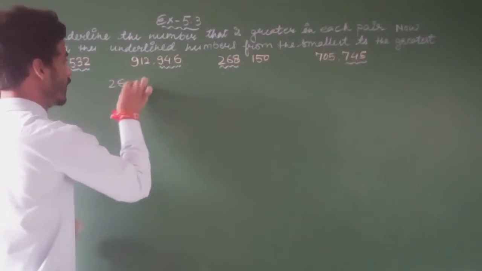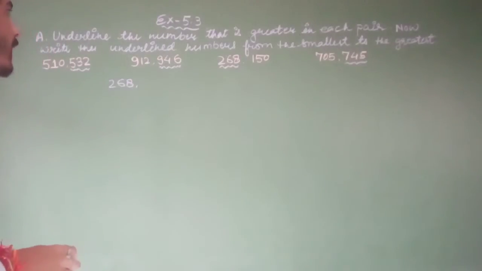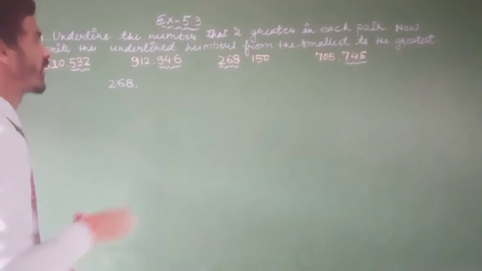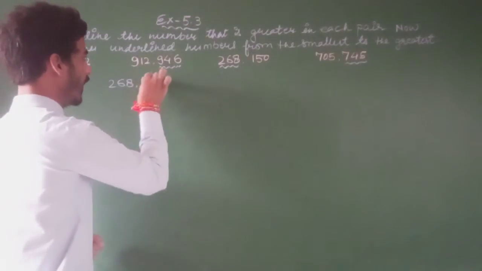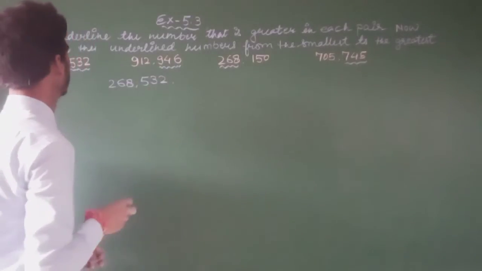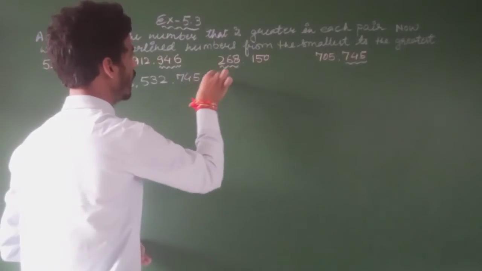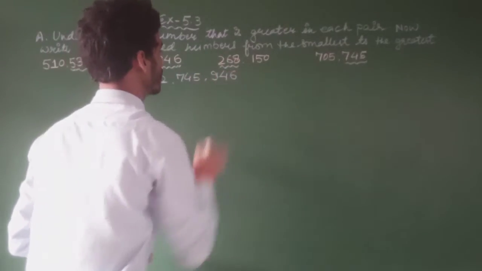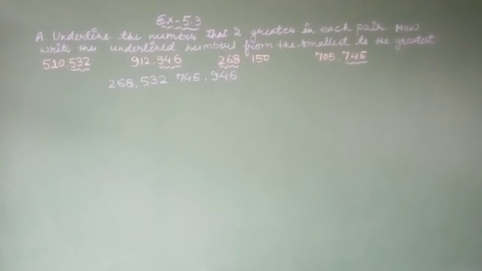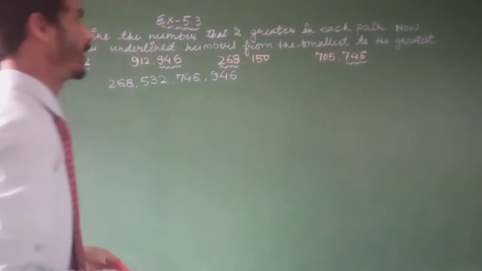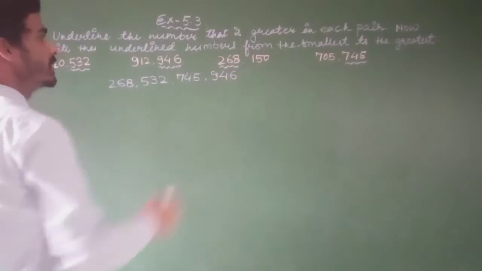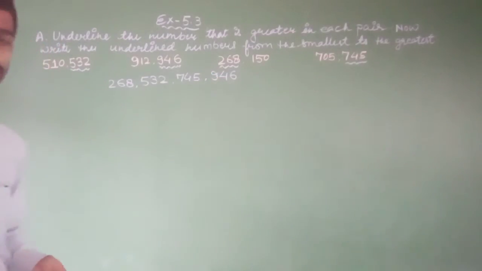When we arrange from the smallest to the greatest, first is 268, after that 532, after that 745, and then 946. Because the question says underline the number that is greater in each pair, and now write the underlined numbers from the smallest to the greatest. So these are the underlined numbers arranged from the smallest to the greatest.